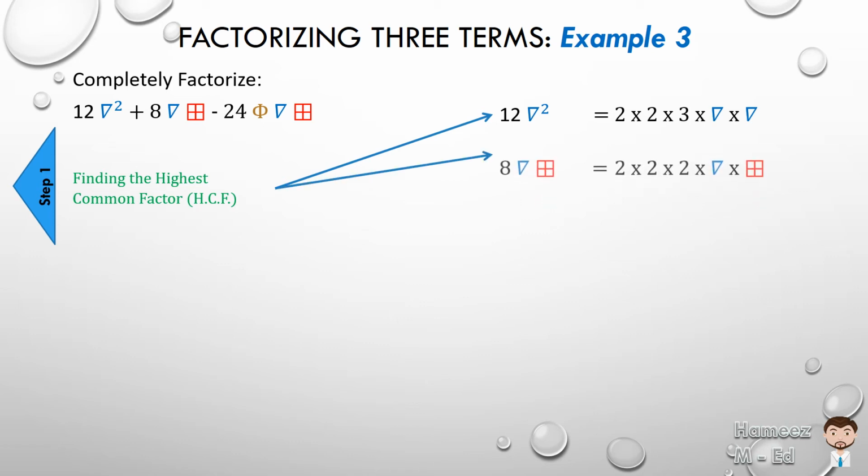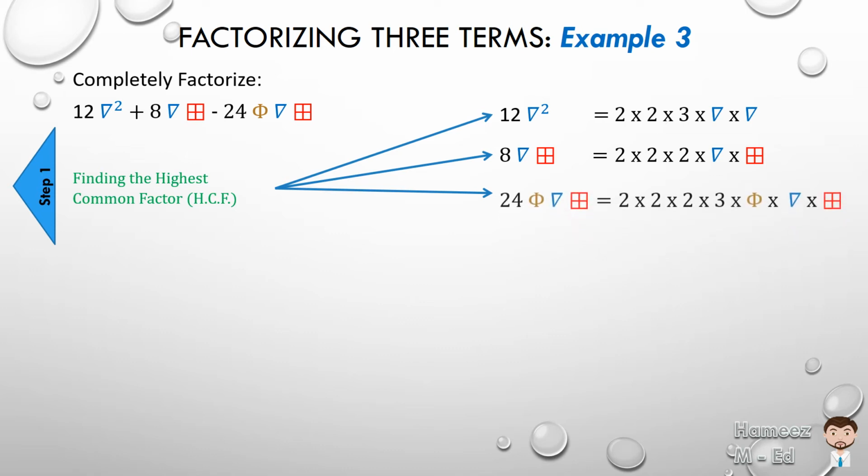Similarly, for the second term, it will be 2 times 2, 4, times 2 is 8, times triangle times window. And for the next one, it will be 2 by 2, which is 4, by 2, which is 8, by 3, which is 24, by circle, by triangle, by window.